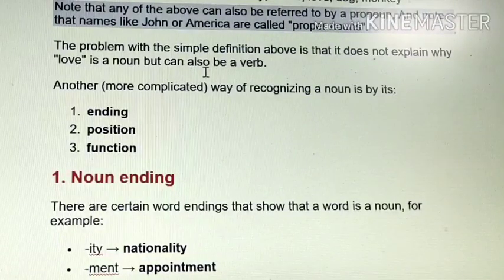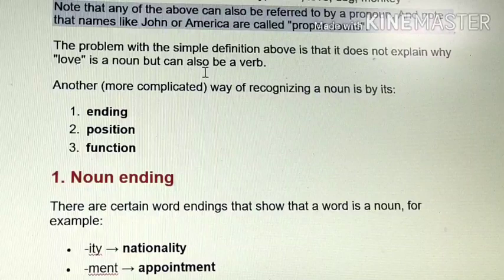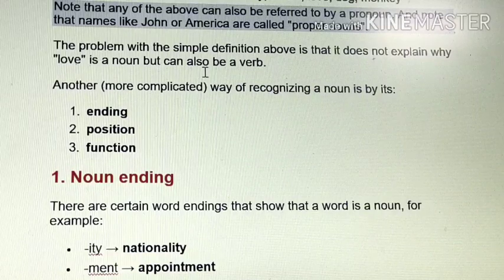You have to think very broadly to understand everything properly. Like I have mentioned one word, love. So love can be a noun as well as it can be a verb. Though these are very complicated, it will surely help you to understand, so you can easily understand.